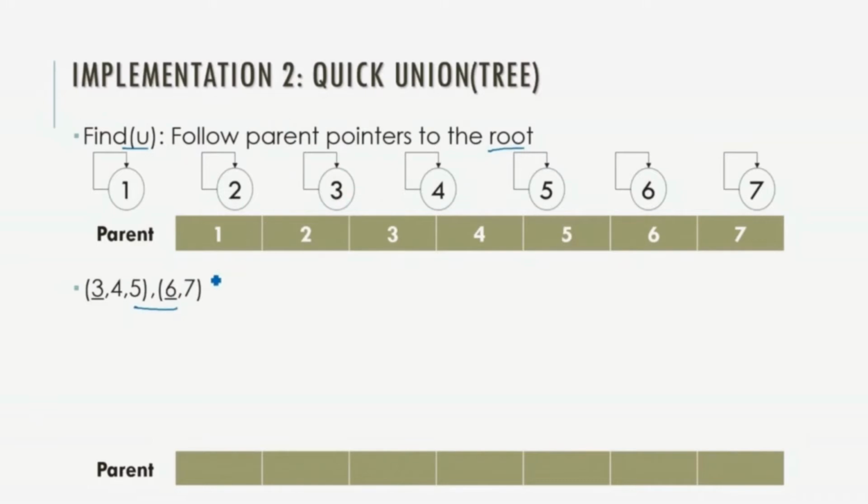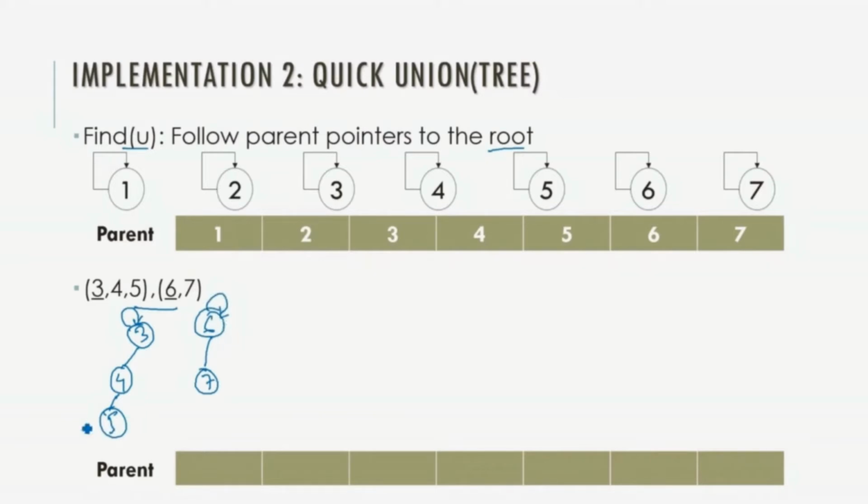We are given two different sets: 3, 4 and 5, where 3 is the representative, so this is the root. Similarly, the other set has two elements, 6 and 7. The parent of 7 is 6, and 6 is the root, so it will point to itself, and 6 is the representative.